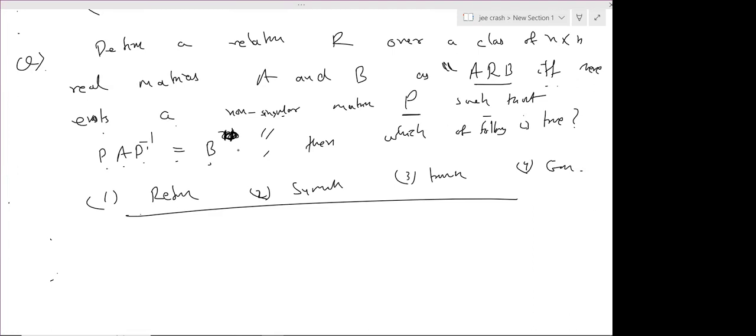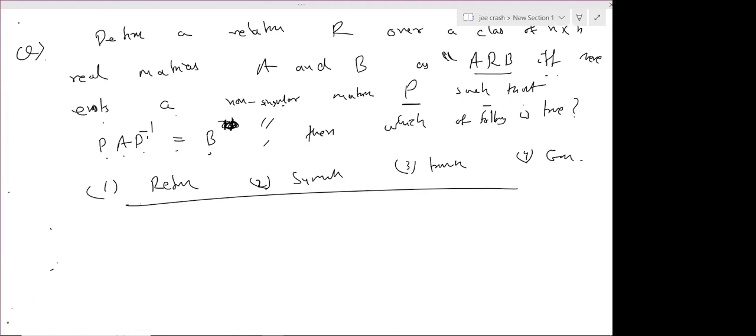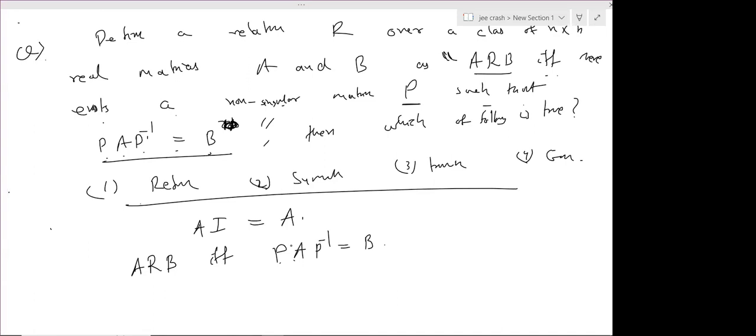Everybody knows multiplication of matrices, and we also know that A into identity matrix is A. So what they are saying is A related to B if and only if this condition is satisfied: P A P inverse equals B. If this is true, then A is related to B.